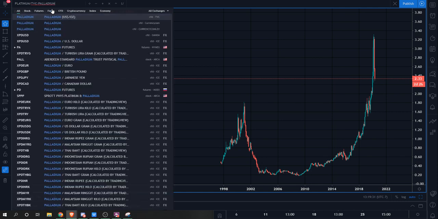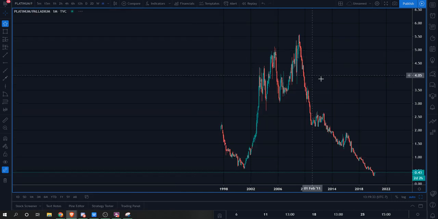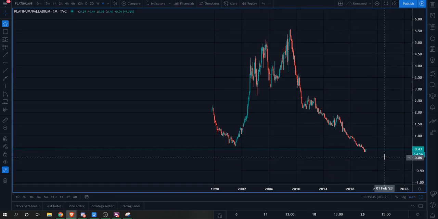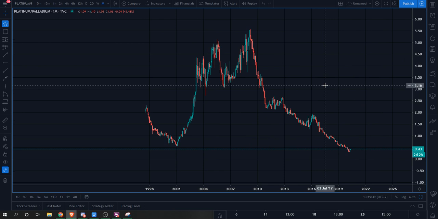So if we go like this, it's basically going to be almost at zero. It's at 0.43, and it can't go to zero. It's impossible to go to zero. So just looking at this chart right here, we can see that the comparison versus platinum and palladium is indicating that right now, platinum is extremely undervalued compared to palladium.